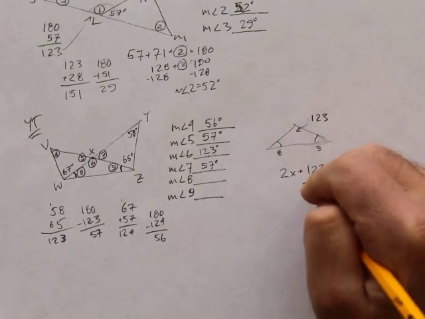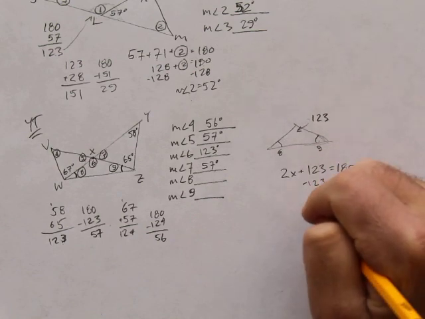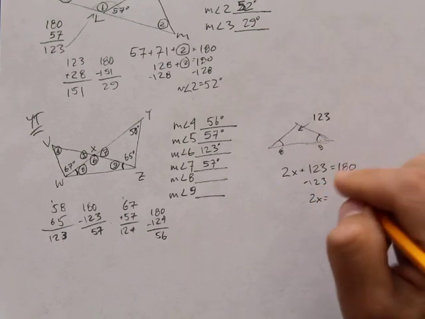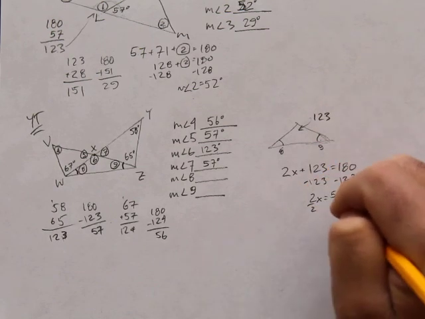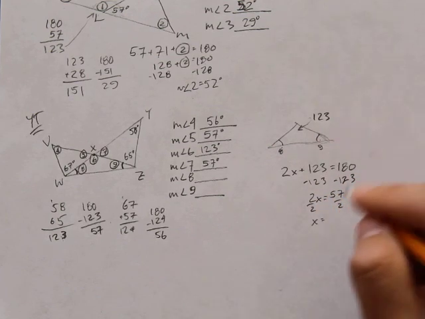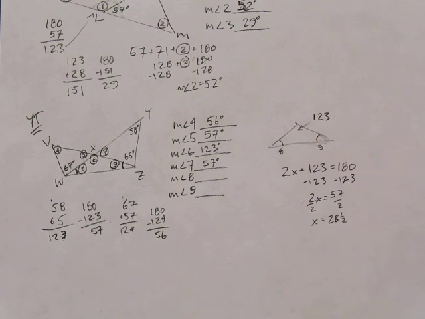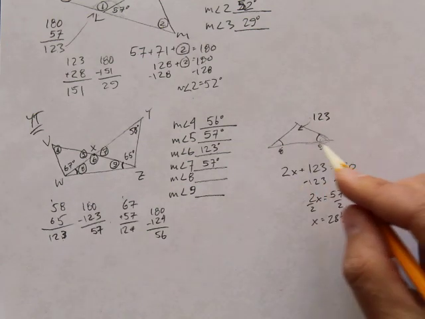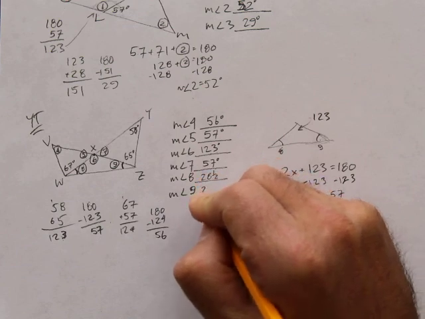I could subtract 123 from each side. I've got 2x equals 180 minus 123, which is 57. Then I divide both sides by 2. x equals 57 divided by 2, which is 28.5. So that means each of these angles is 28.5 degrees.